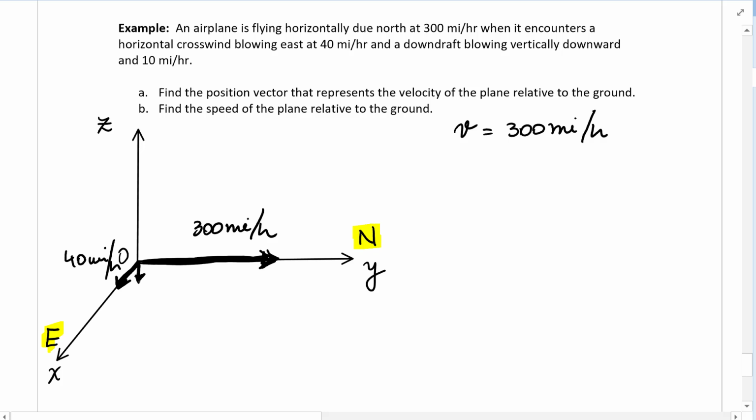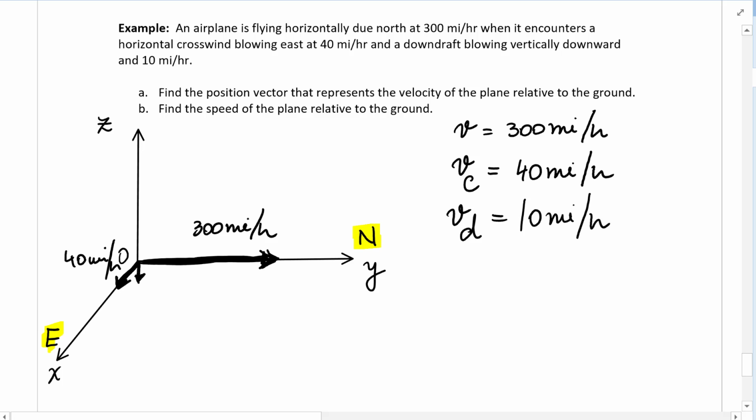Find the position vector that represents the velocity relative to the ground. So what else do we have? We have the velocity of the crosswind. I'm just going to write VC, 40 miles per hour. And I'm going to say that V of the downdraft is 10 miles per hour.